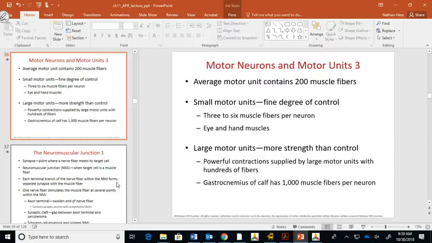But if I'm looking just for strength, if I want big bulk contractions, like the Costco kind of contractions, right? Then I'm going to send one nerve to 1,000 or even more than 1,000 muscle fibers and get them all to contract at the same time. So like your leg muscles, your quadriceps, there's no reason for you to finely control that. You're mostly wanting strength, the whole thing contracting at one time. Does that make sense?